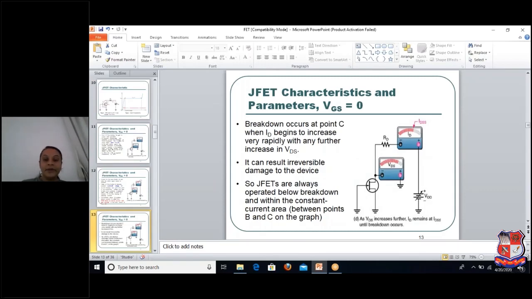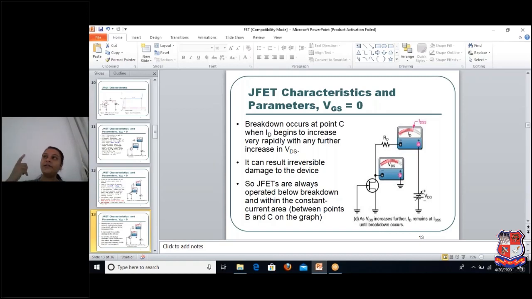The breakdown occurs at point C, and ID begins to increase very rapidly with any further increase in VDS, and it can result in irreversible damage to the device.